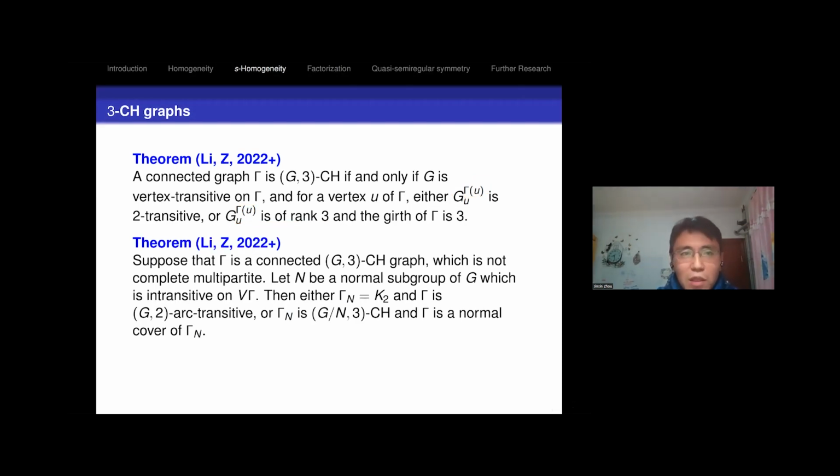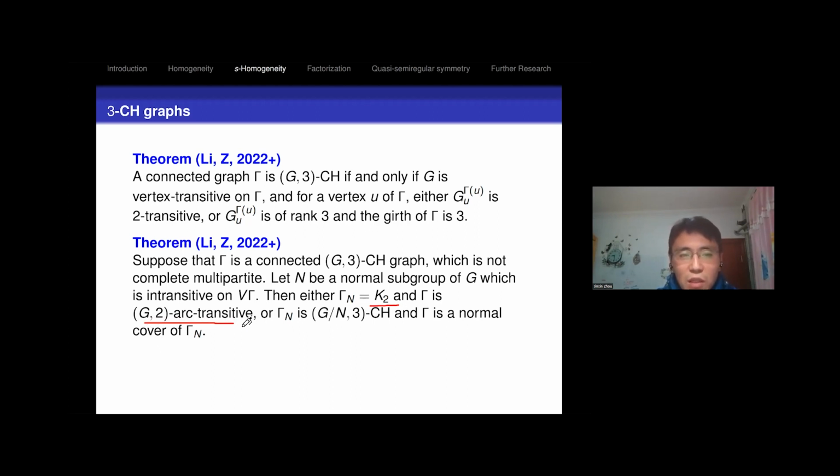And with this theorem, we can further prove the next result. Suppose that gamma is a connected G-3-CH graph which is not complete multipartite. Let N be a normal subgroup of G which is intransitive on V(gamma). Then either the quotient graph gamma_N is just K2, an edge, and gamma is G-2-arc-transitive.